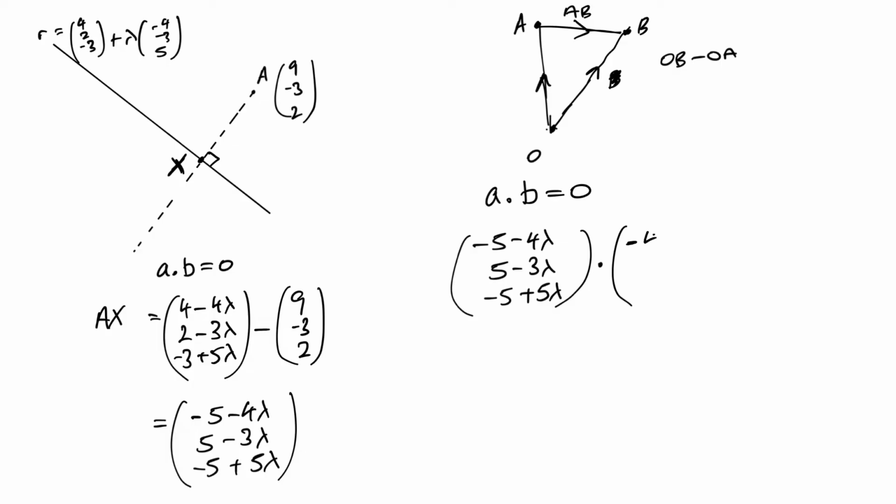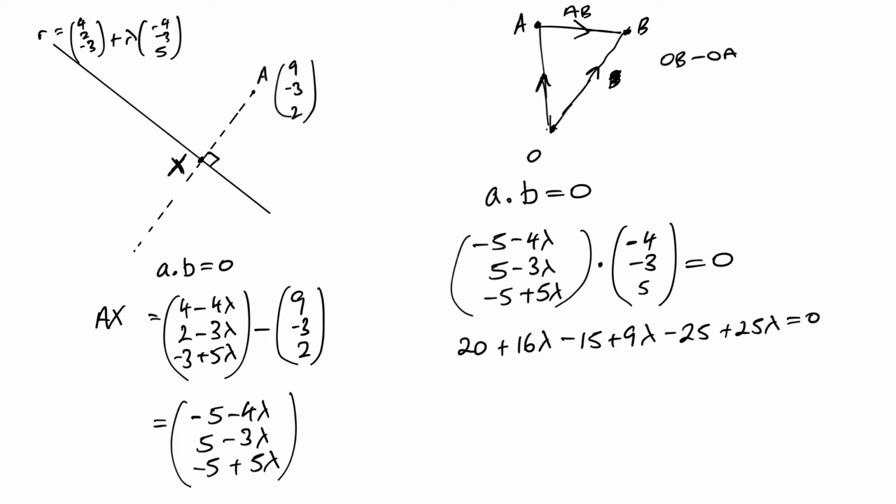So we want minus 4, minus 3, and 5, and make that equal to 0. So now we just need to do our multiplying. So minus 4 times minus 5 and minus 4 lambda. So we're going to get 20 plus 16 lambda. And then we're going to get minus 15 plus 9 lambda, minus 25 plus 25 lambda equals 0.